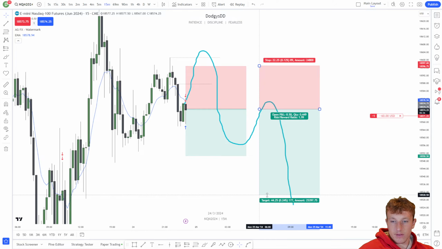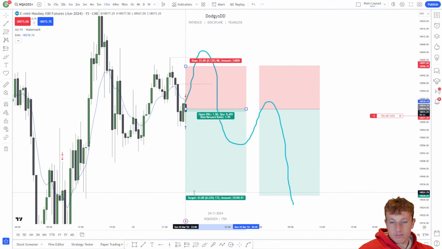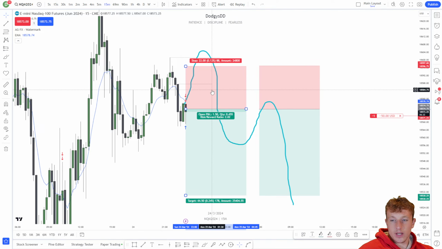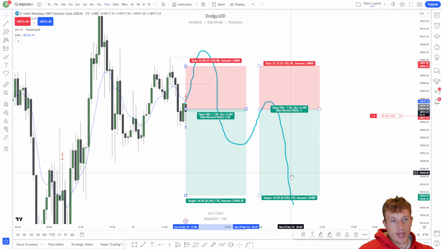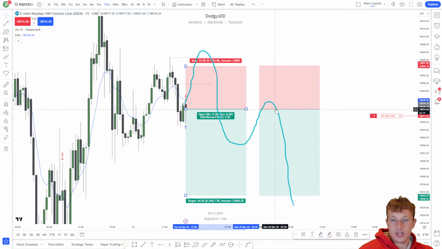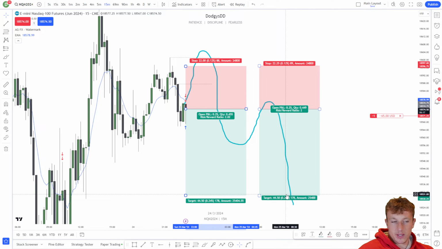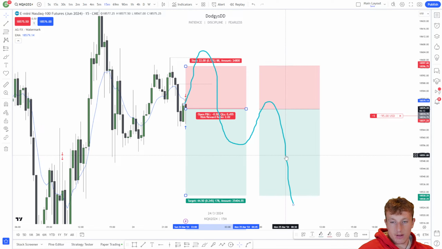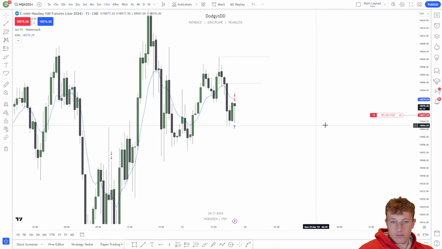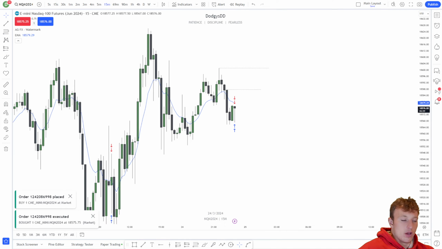But if you lose here, you're losing $100, but you win here, you're gaining $200. And that, my friends, is the power of risk to reward and why risk to reward is so important, because it's very attainable, if you do have that edge, to win 50% of the time or more at a 2-to-1R if you know what you're doing and you study hard enough. And again, it's very, very attainable.